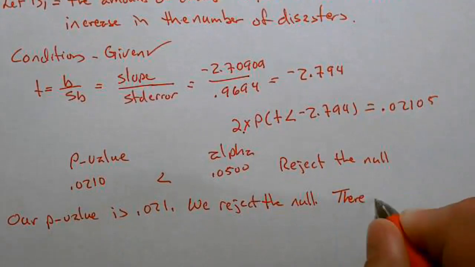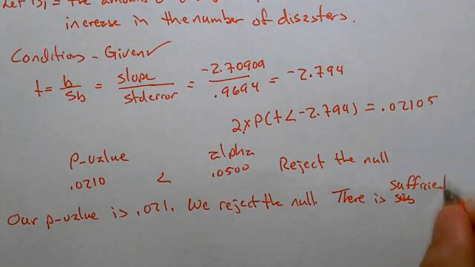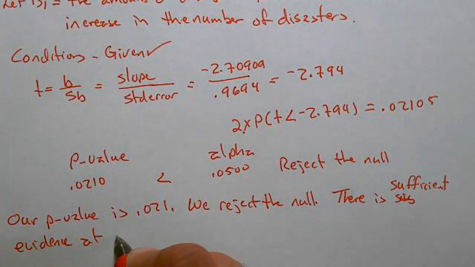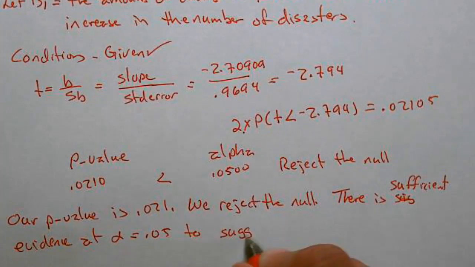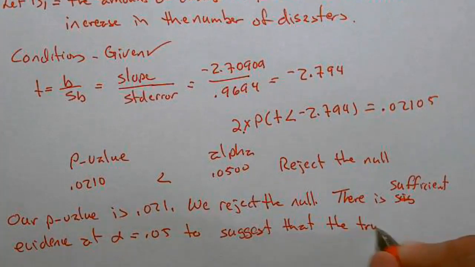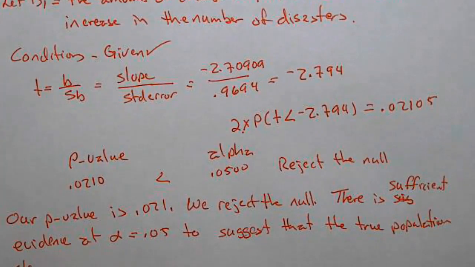There is sufficient evidence at alpha equal 0.05 to suggest that the true population slope is not zero, or is different than zero.